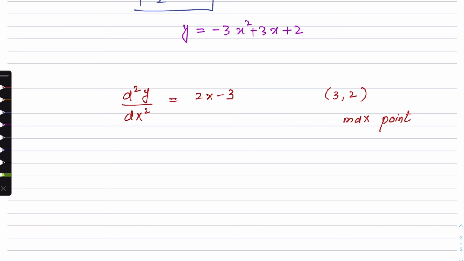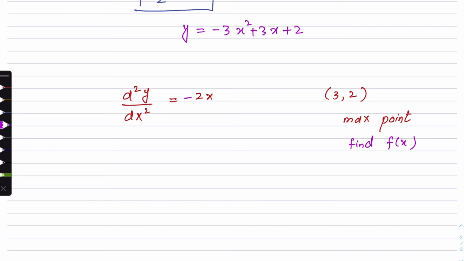Let me change this one: it is minus 2x only. I said this is a maximum point on the curve. So we have to find the original function, f of x.